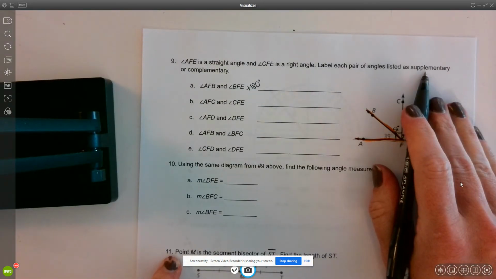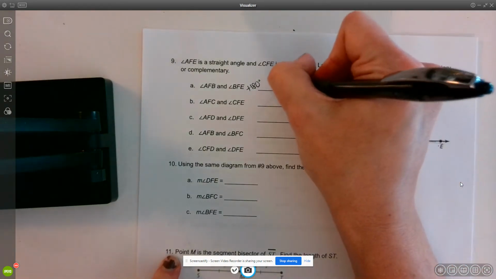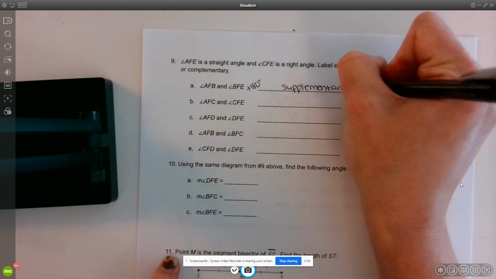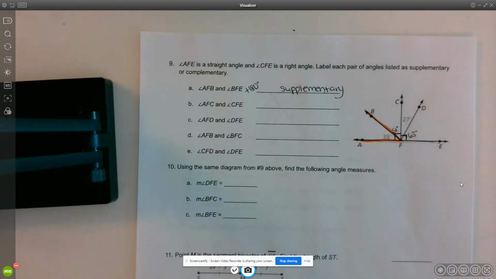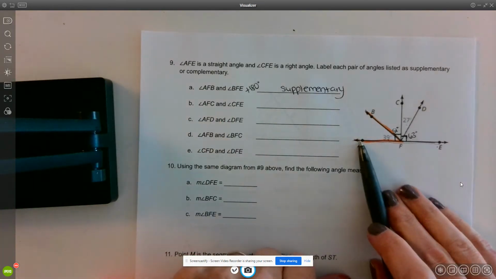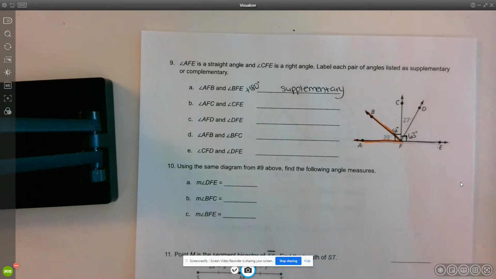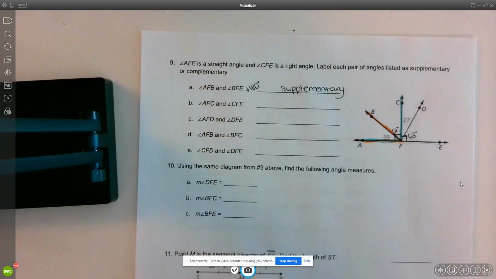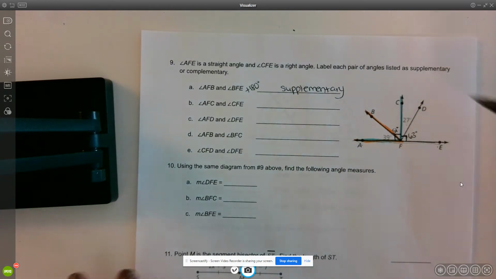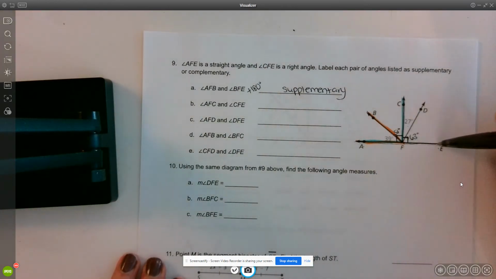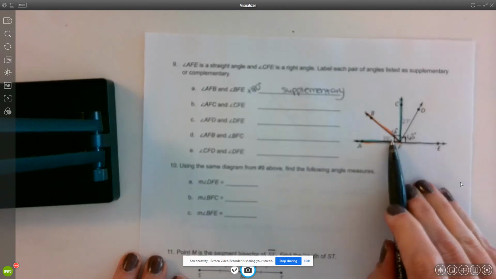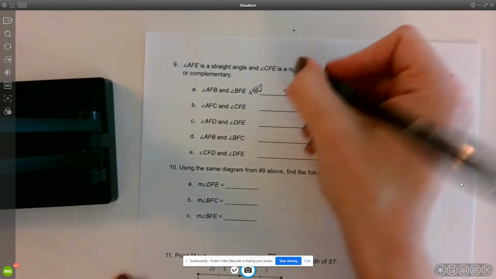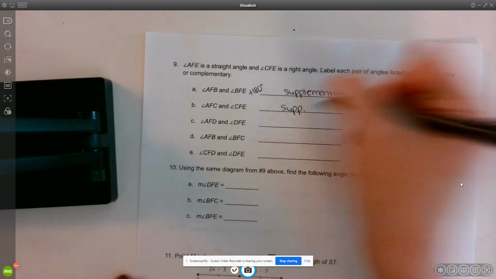And so I would say they are supplementary. Angle AFC is this 90 degree angle. And angle CFE is this other 90 degree angle. And so together, these two 90 degree angles make a straight line. They add up to 180. So again, these two are supplementary.